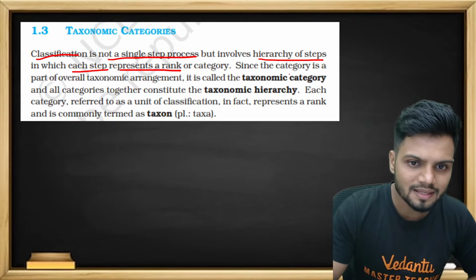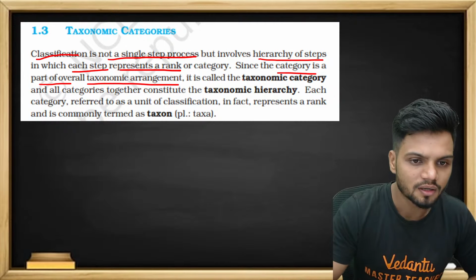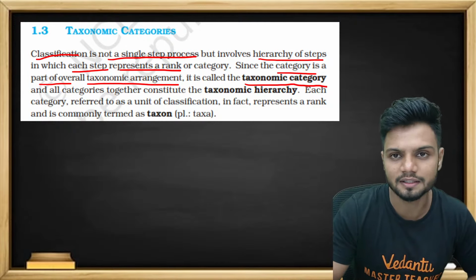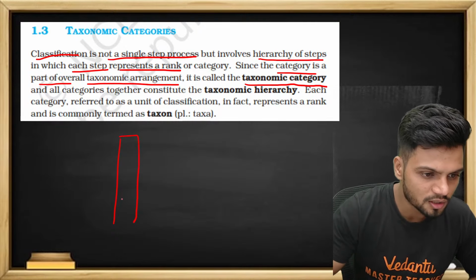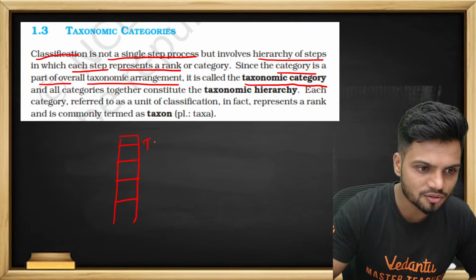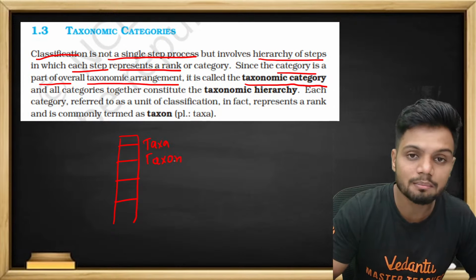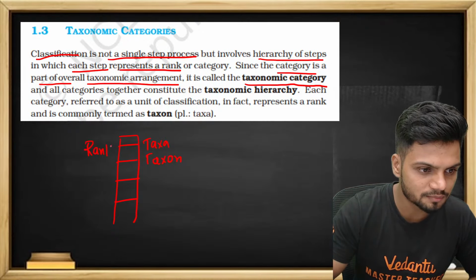Now, since category is a part of the overall taxonomic arrangement, it is called a taxonomic category. For example, this is the entire building, same thing which I told you before. Here we have multiple ranks. Each rank is called a taxa or a taxon, same meaning. Each one is also represented as a rank.